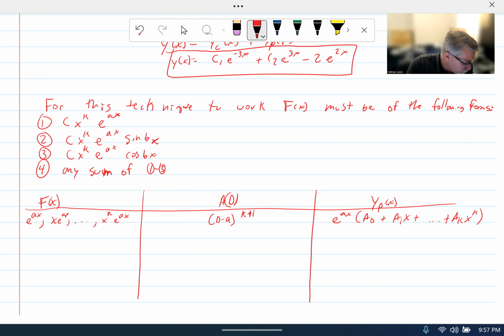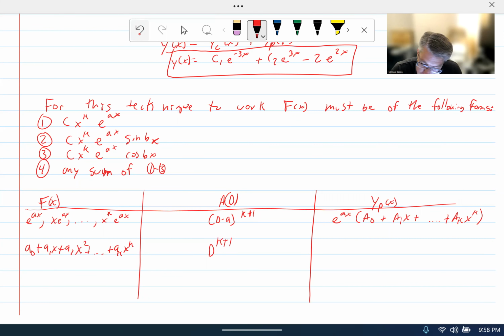If I have some sort of polynomial, lowercase a naught plus a1 x plus a2 x squared plus dot dot dot plus a k x to the k, then the annihilator that I'm going to choose is D to the k plus 1.